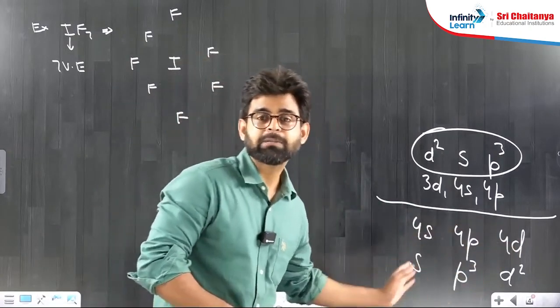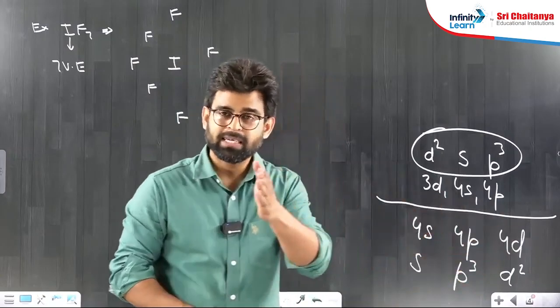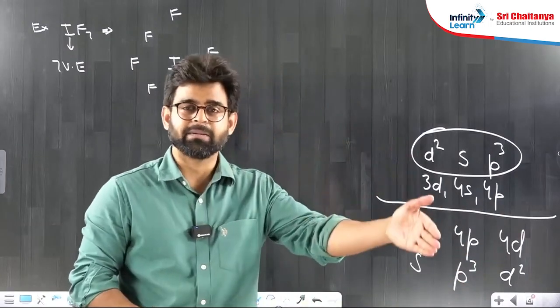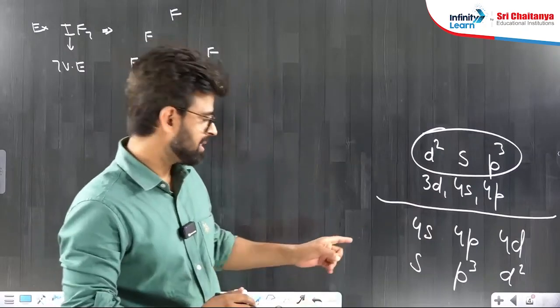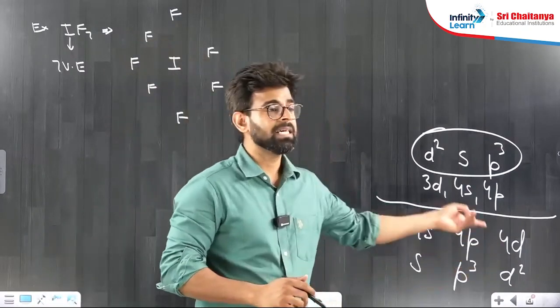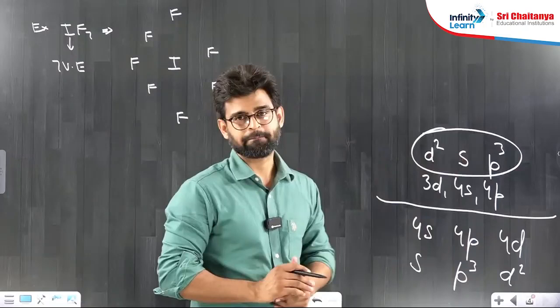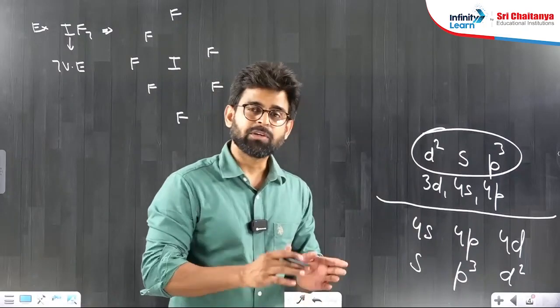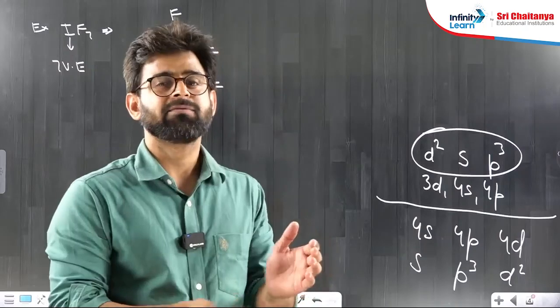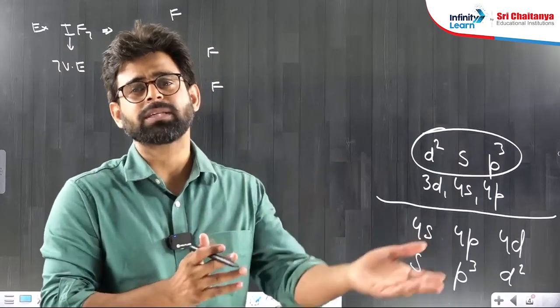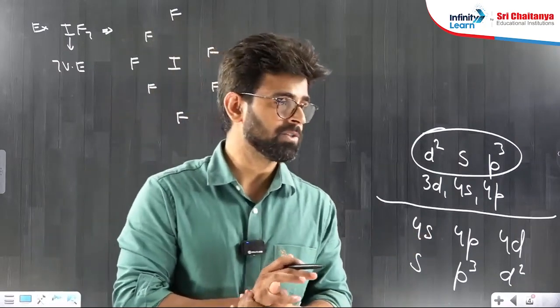So I will say sp3d2. First s, then p, then d is coming, and I am mixing them to hybridize. So this is sp3d2 hybridized and this is d2sp3. Getting my point? If you are using d orbital from the inner shell, it is d2sp3. If you are using d orbital from the outer shell, it is sp3d2.